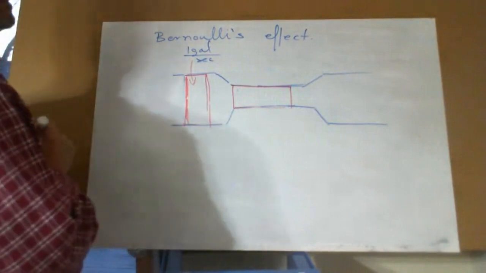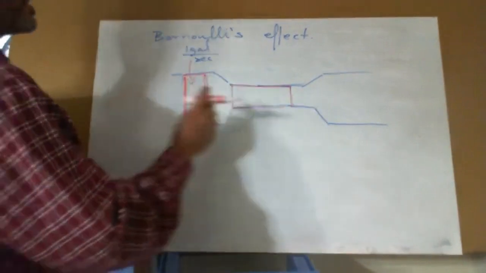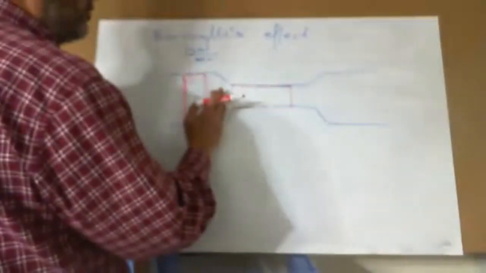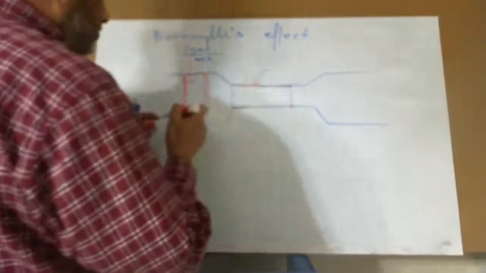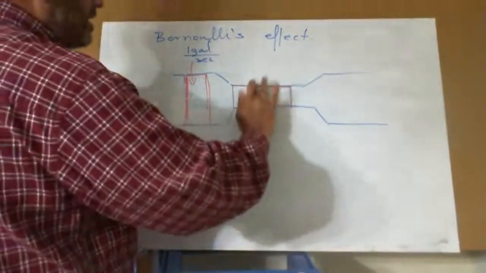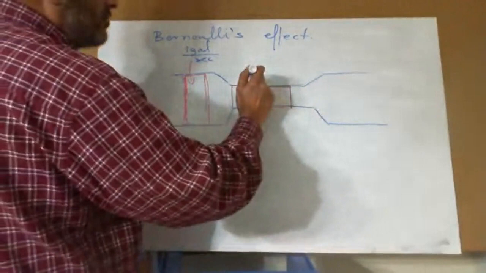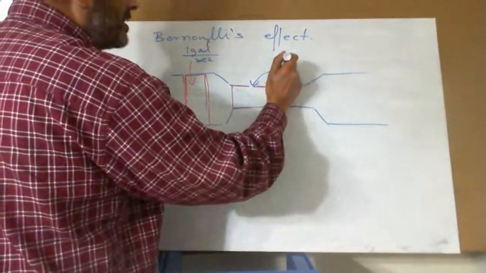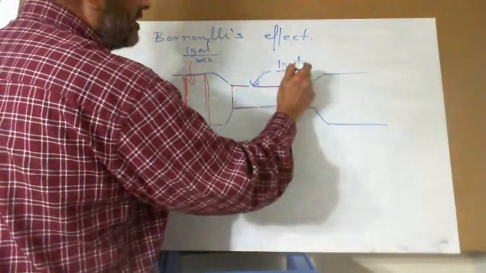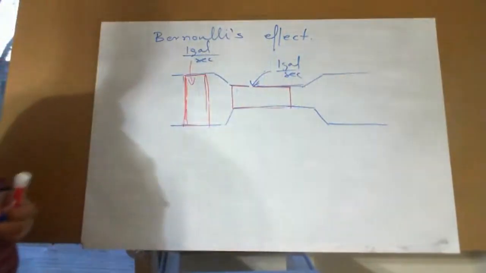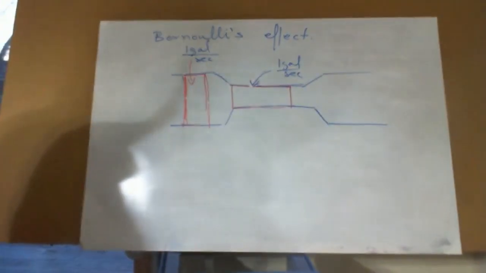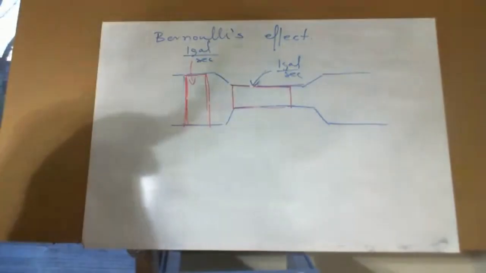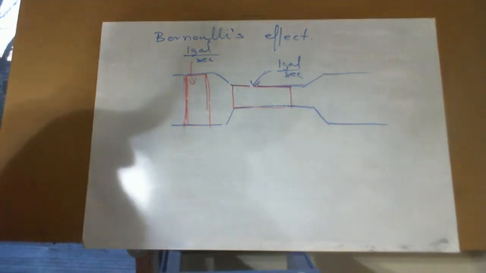Can you see how much water is flowing? The amount of water that has to flow through the narrow part should also be 1 gallon per second. Otherwise, the pressure will build up. So the same amount of water every second has to flow through.